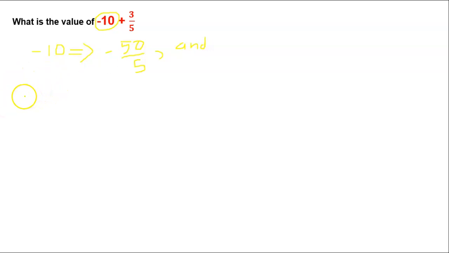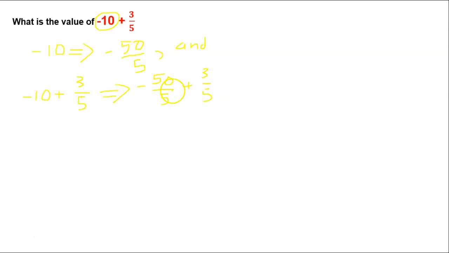And negative 10 plus 3 over 5 is the same as negative 50 over 5 plus 3 over 5.